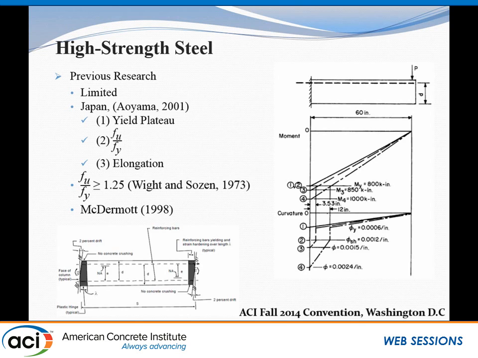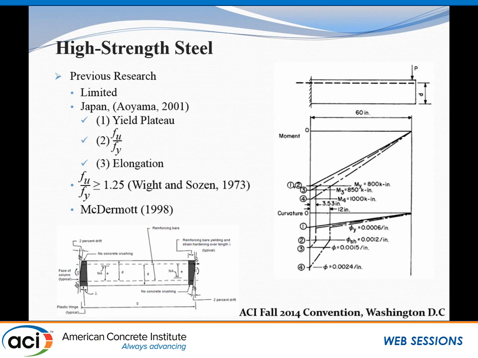Just to give you an example. The most common type of high-strength flexural reinforcement used in Japan right now has a distinct yield plateau, with a minimum strain at onset of strain hardening not less than 1.4%. The Fu to Fy ratio has to be larger than 1.25, and the elongation is greater than 10%.